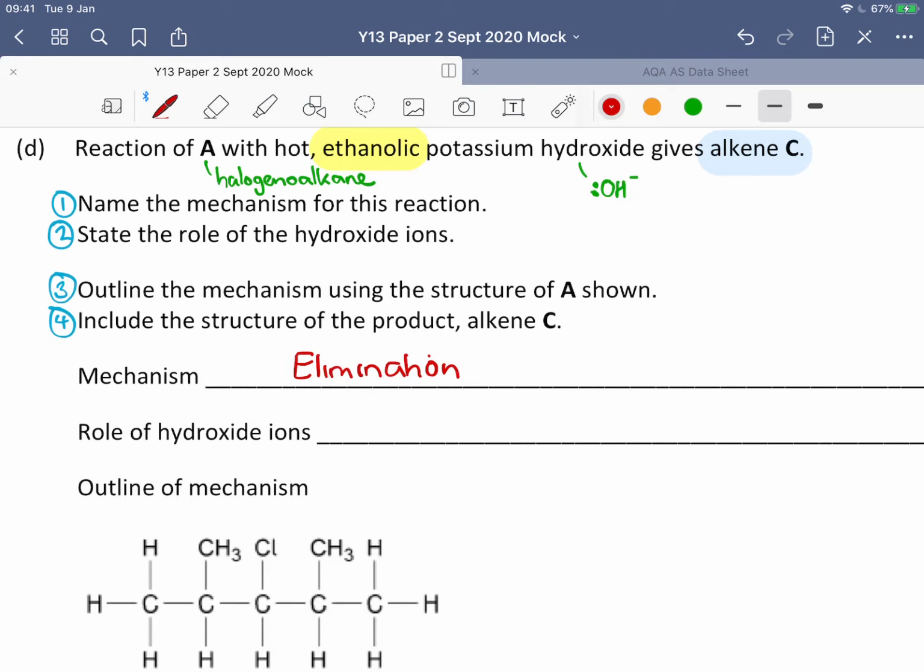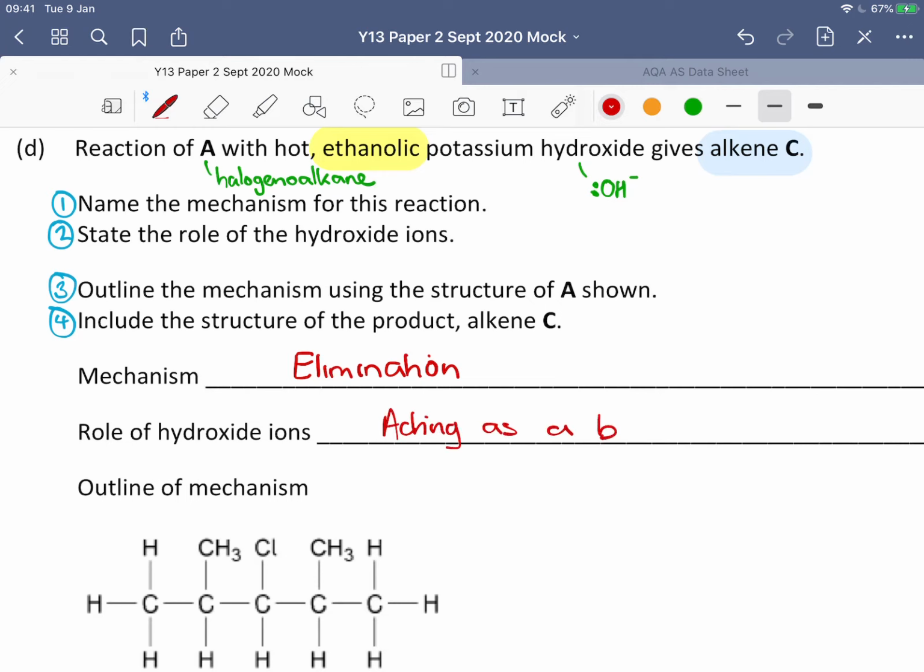If we're making an alkene from a halogenoalkane, that means we are eliminating something. The role of the hydroxide ions here, and it'll be easier to show this when we see the actual mechanism, is that it's acting as a base. So the hydroxide ions in this particular mechanism are acting as a base.